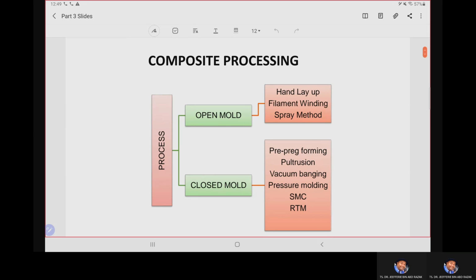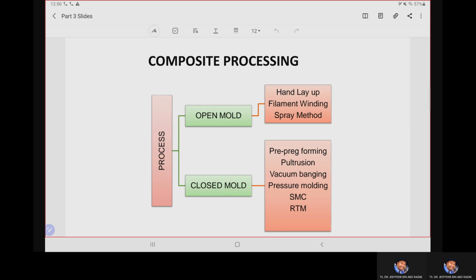For PMC manufacturing, focusing on the fiber reinforced polymer, the main processing methods can be generally classified into either open mold method and closed mold method. There are two options of processing for PMC.